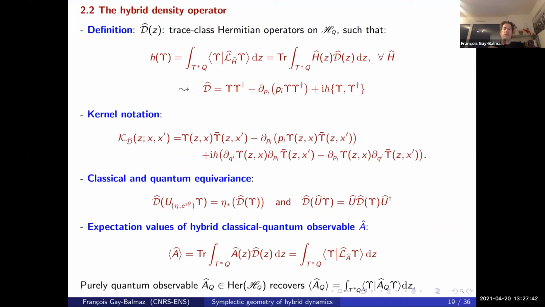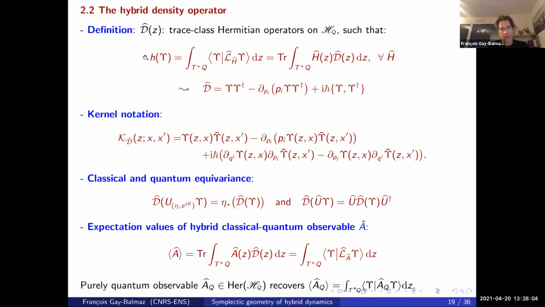Before I start, I would like to present a natural object associated to these hybrid wave equations, which is the hybrid density operator. The hybrid density operator is defined naturally from this condition.